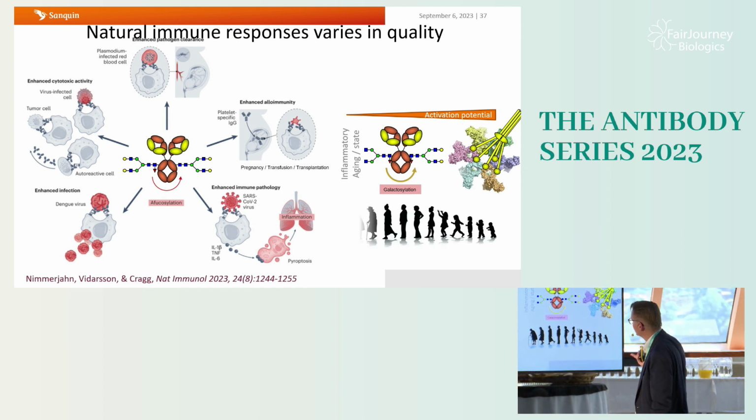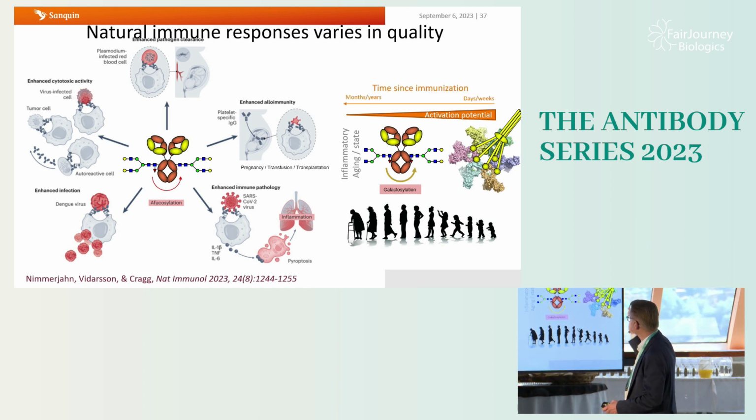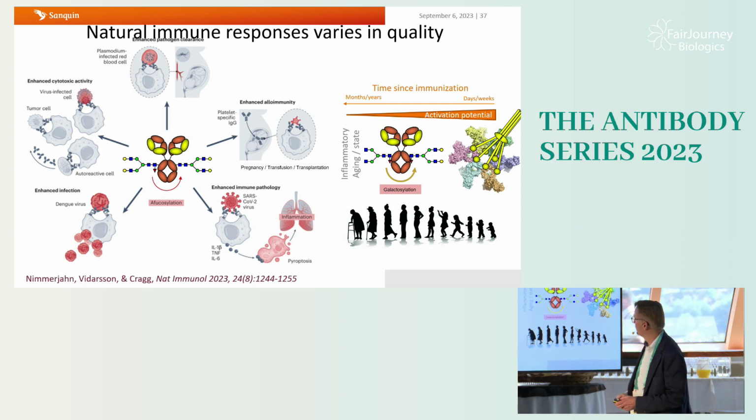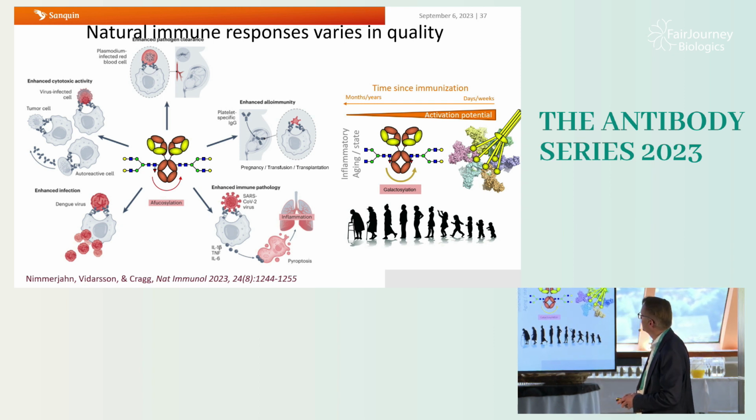And this is an important thing that we have to take into account in normal immunity, that we are going from this stage to this stage as we age. And this is an important dimension. It's also for immunization. After immunization, you start with this stage, and in time, you will also go down.